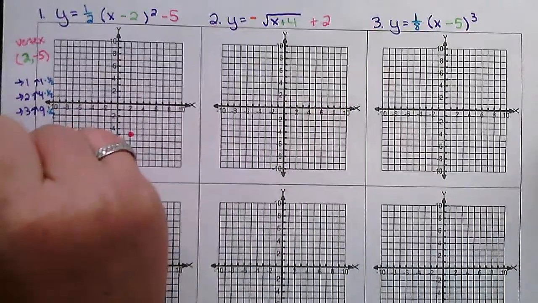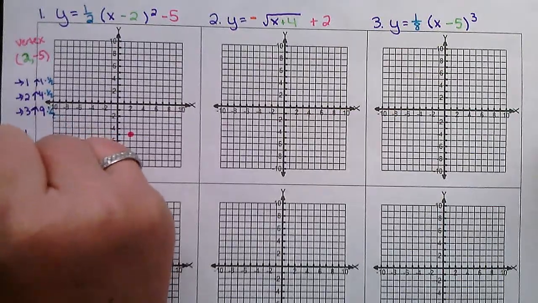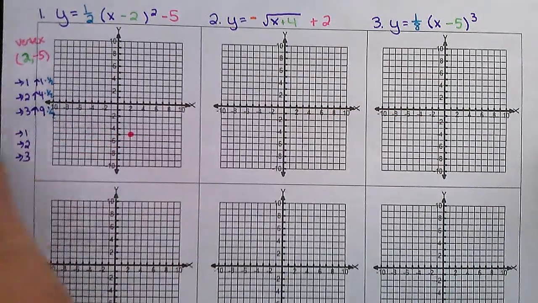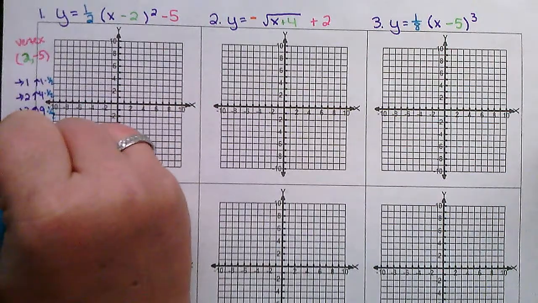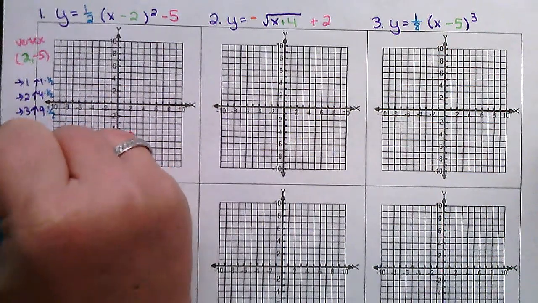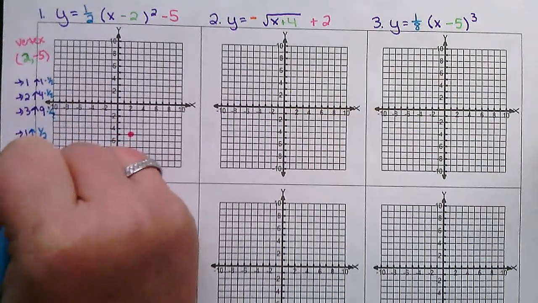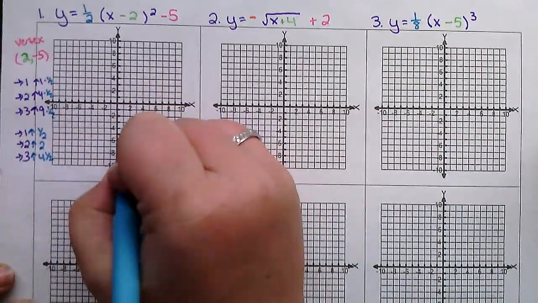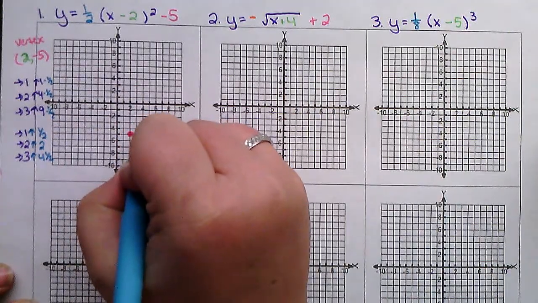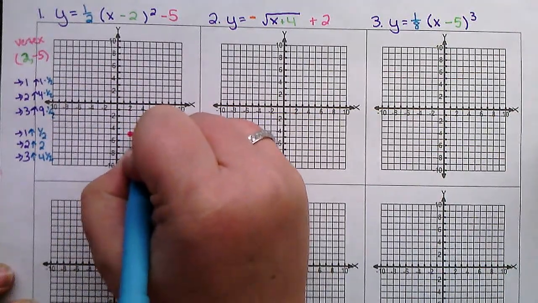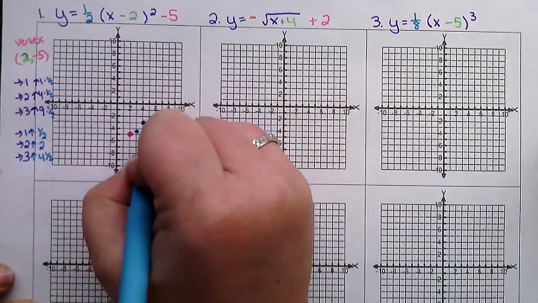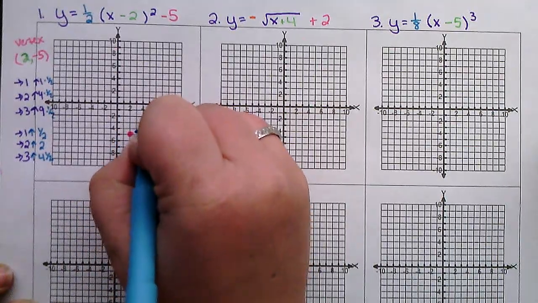So I am going to go right 1, 2, and 3, but only up 1/2 or 0.5, 2, and 4.5. So right 1, up 0.5 from my starting point, right 2, up 2 from my starting point, right 3, up 4.5.